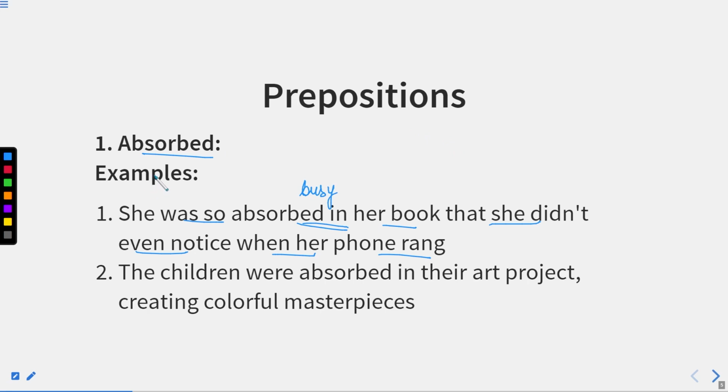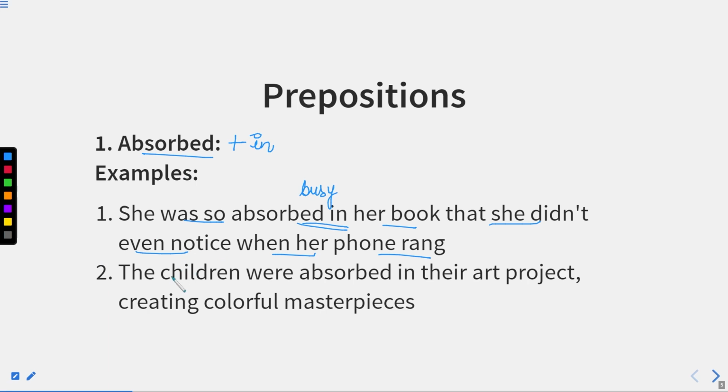Here water is the object and absorbed is a transitive verb, so we are not using any preposition after it. But if I want to use in with it, this is the style by which we can use this verb with preposition in. So this is absorbed plus in.